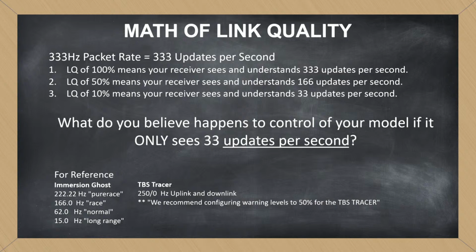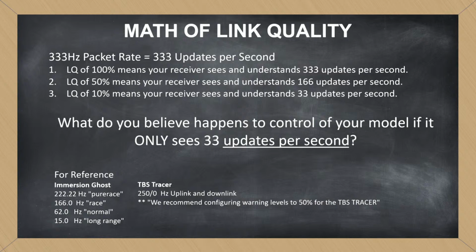Now think about that for a minute. If you have analog servos, they're probably running at 50 hertz, which means that at 50% link quality, you still are shoveling 3 times the amount of data toward the servo than the servo can actually physically process. So that's where this whole concept of link quality at 50% will still fly the model comes from, because if you're using an analog servo, you're still at 3 times the refresh rate of the servo.